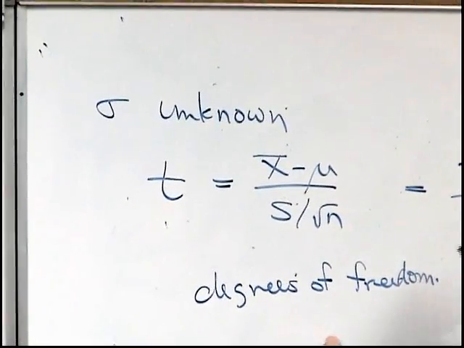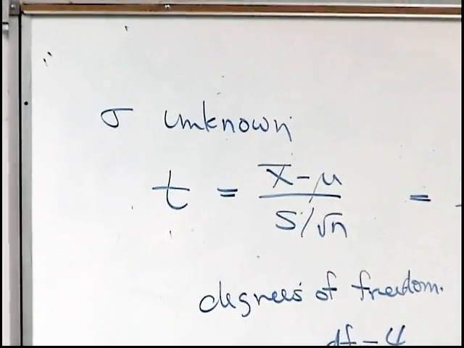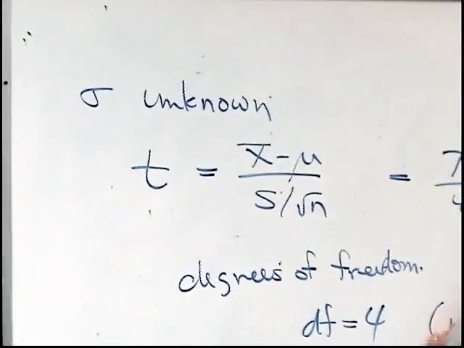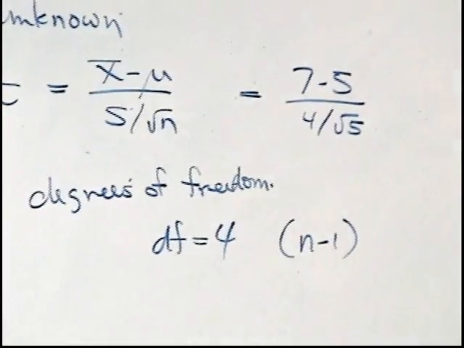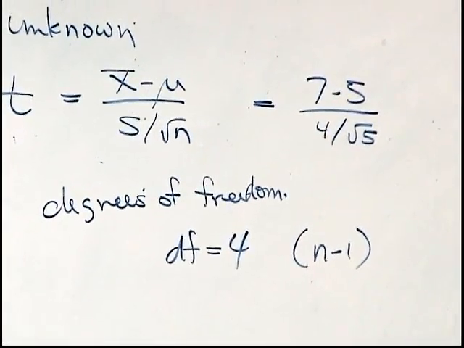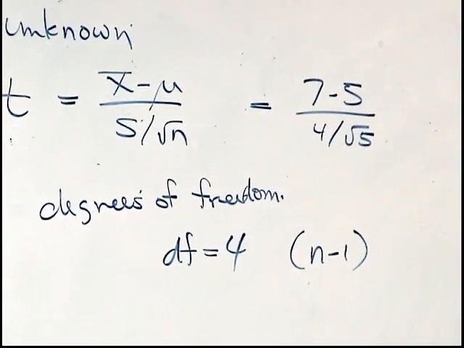I heard an answer out there. Did somebody say 4? Why is it 4? Because it's n minus 1. This, in fact, is exactly the same n minus 1 that when you find the sample variance, you divide by n minus 1. So you just have to remember that.